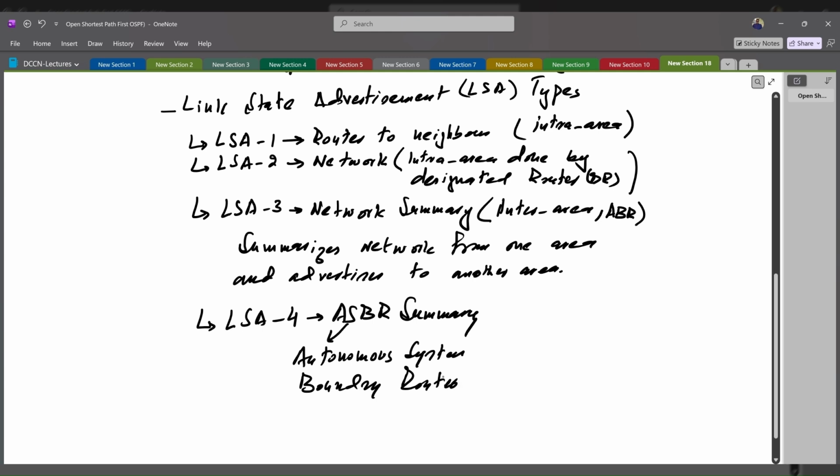Okay, so what does this mean? This is important for us to understand. What does this ASBR summary mean?